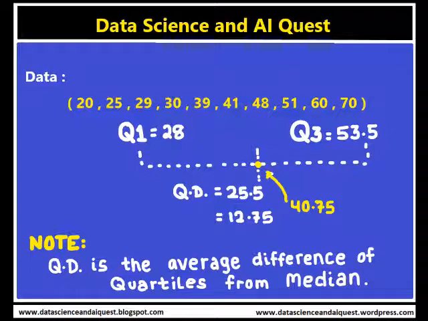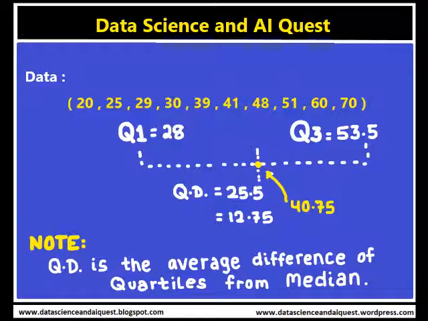So adding this, we get the position 40.75 over the number line between all the arranged data, which could be seen as the median value of the Q3 minus Q1 average difference. One needs to note that QD, the quartile deviation, is the average difference of the quartiles from the median.